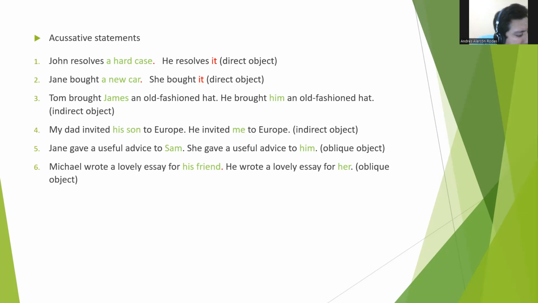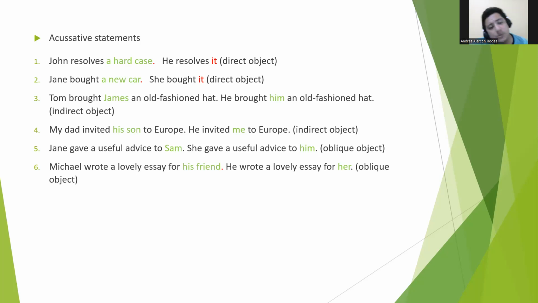The last two examples are related with the oblique object. In this case, I have to consider the following. The indirect object becomes the oblique object by changing its position, the object of a preposition.